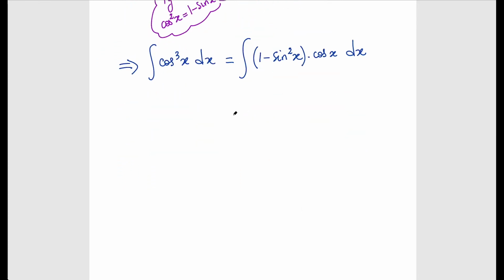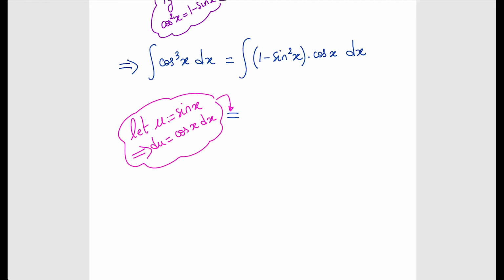Namely, let u be sine x, and as such du becomes cosine x dx. Agree with this? This would be a good u substitution because cosine is there.